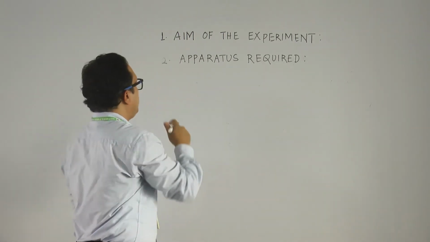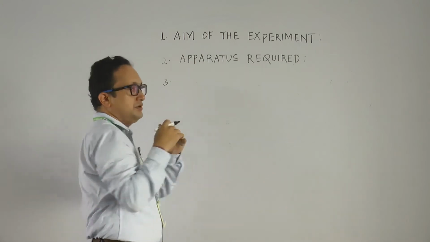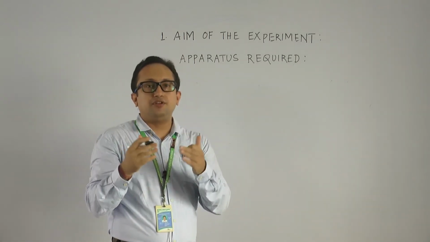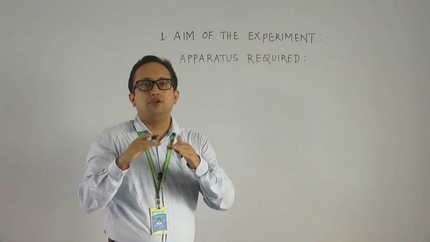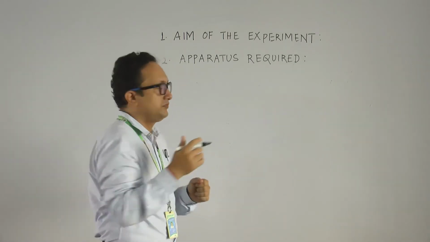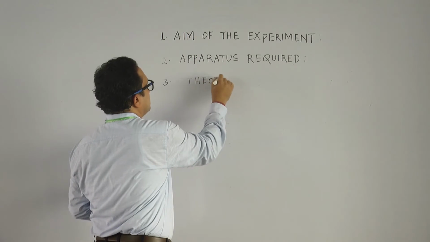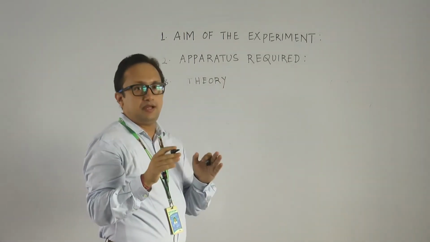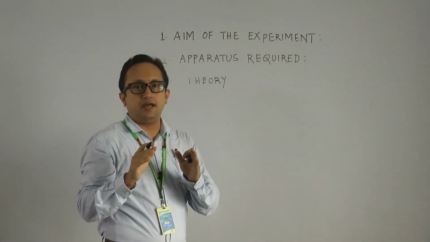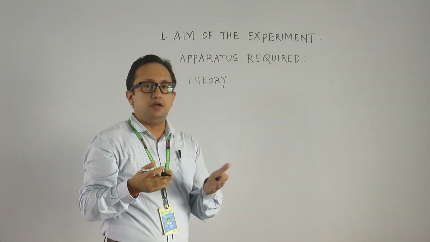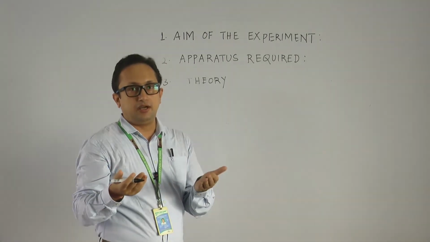Then after apparatus required, we should elucidate the basic theoretical construct on which the experiment is based. So we should write the relevant theory accompanied by proper circuit diagram. If it's an electrical experiment, it should be accompanied with a proper circuit diagram.